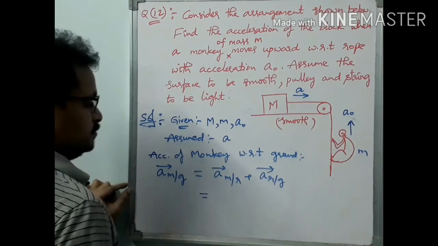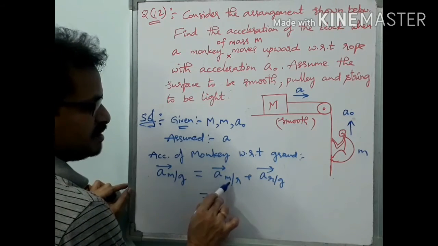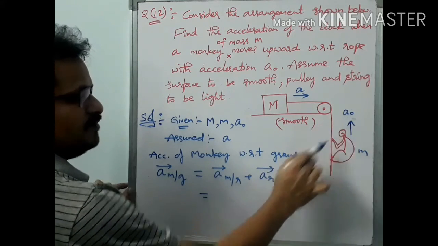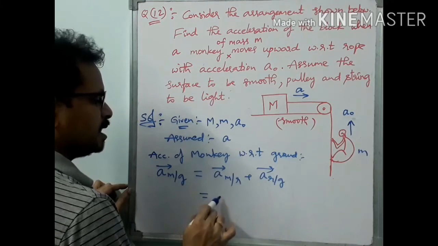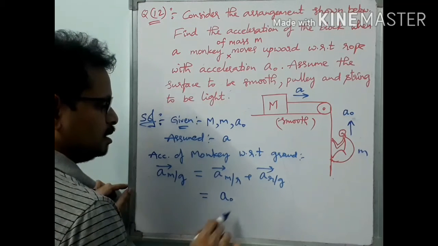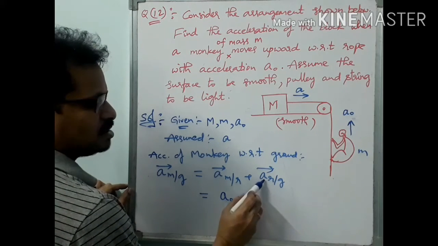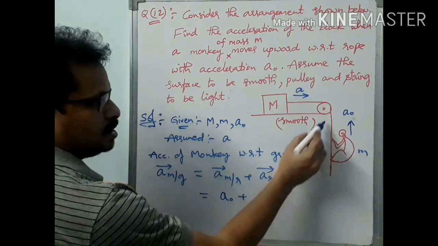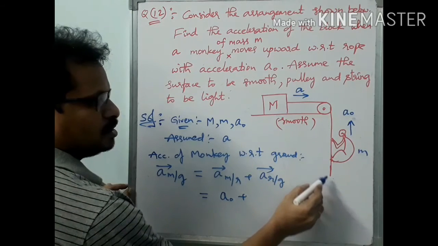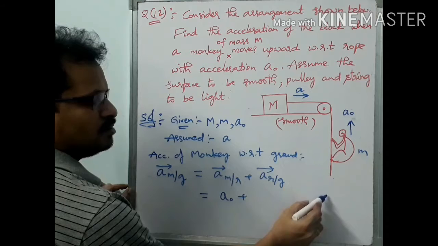So this is equal to, what is acceleration of monkey with respect to rope? A naught. In which direction? Upwards. Let us take upwards as positive. A naught plus acceleration of rope with respect to ground. See, rope is coming down in this direction, no? So acceleration A for the rope is downwards.